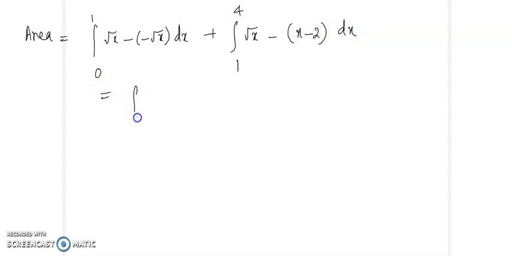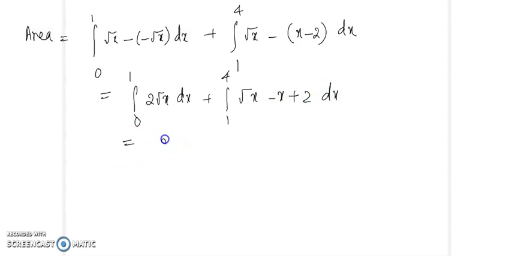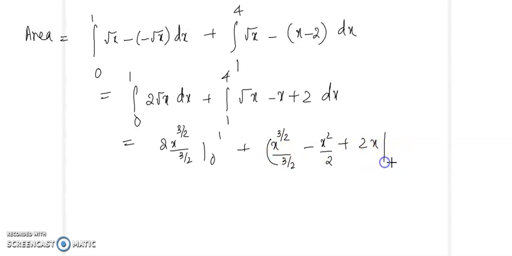So that is integral 0 to 1 of 2 root x dx plus integral 1 to 4 of root x minus x plus 2 dx. So that will be 2x raised to 3 by 2 divided by 3 by 2 from 0 to 1, plus x raised to 3 by 2 divided by 3 by 2 minus x square by 2 plus 2x, where the second integral will vary from 1 to 4.